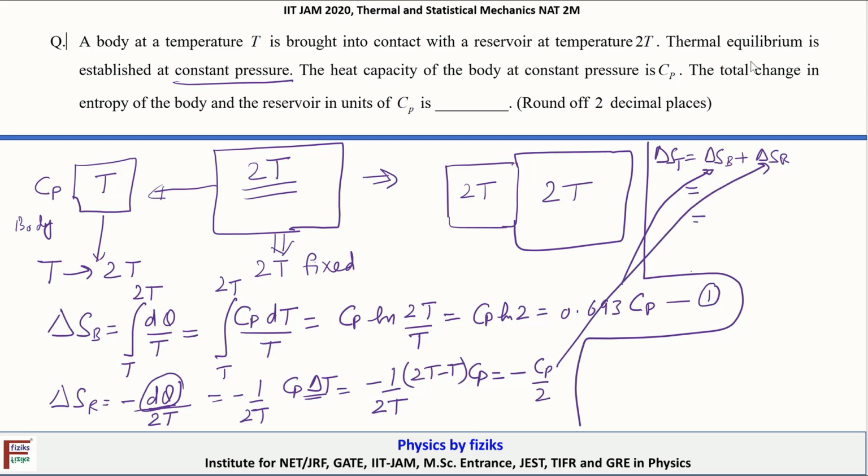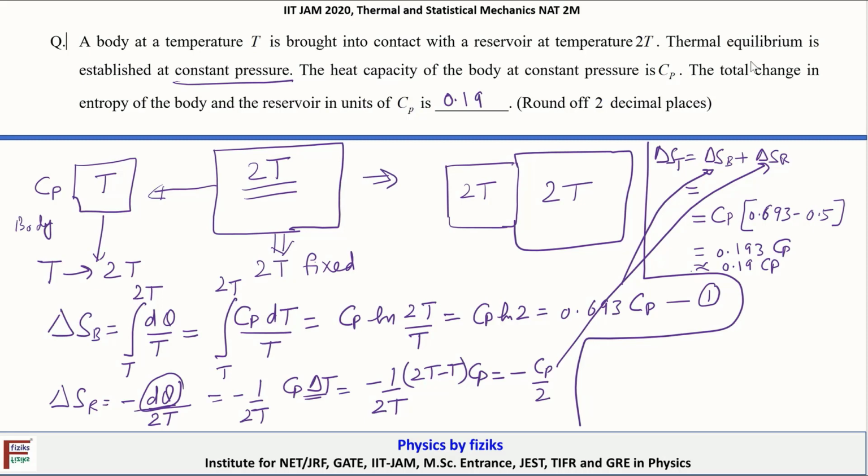At the end Cp will come outside, and inside we will have 0.693 minus 0.5, and this is equal to 0.193 Cp, or we can approximate it up to 2 decimal places, 0.19 Cp. So therefore here the answer is 0.19.